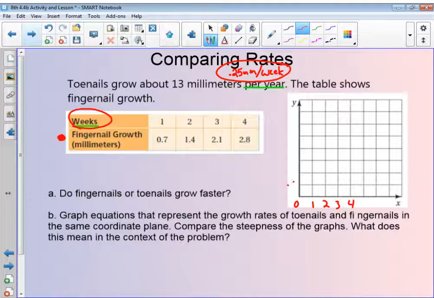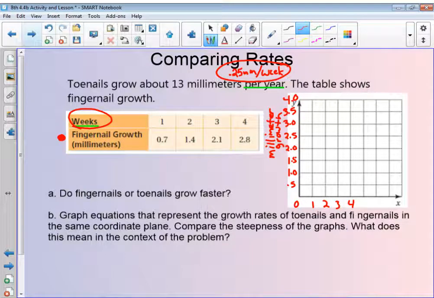So if this is 0.5, then this would be 1.0 and 1.5 and 2.0, 2.5, 3.0 and 3.5, 4.0, and this is millimeters. Okay, so our fingernails are going to be our red.